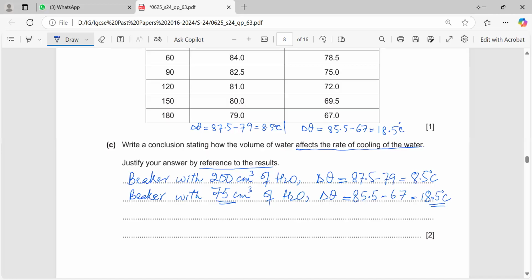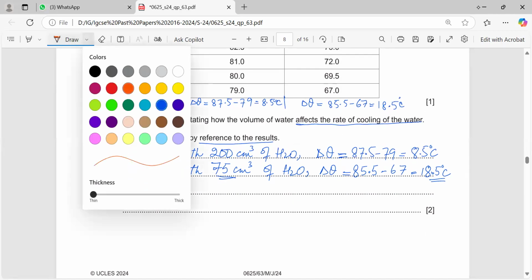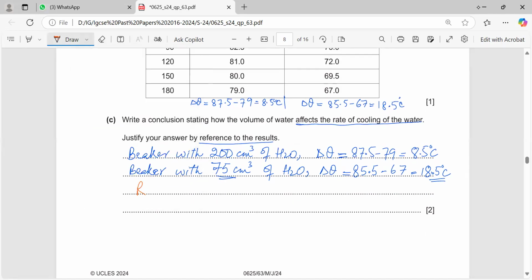So we can say the rate of cooling increases with decrease in volume of water. Like this you can write.